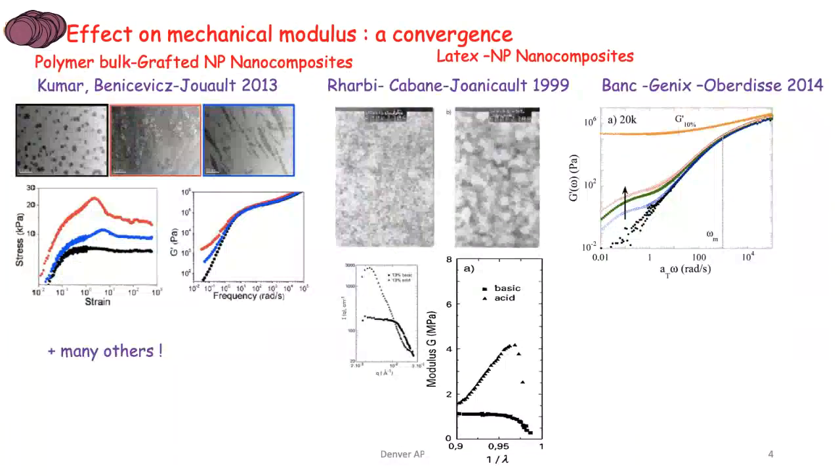In this case, you could obtain some very random mixing, which you can see on the left on this picture, okay? And then this was when they had some basic pH, so that the latex and the nanoparticles are also charged the same way.